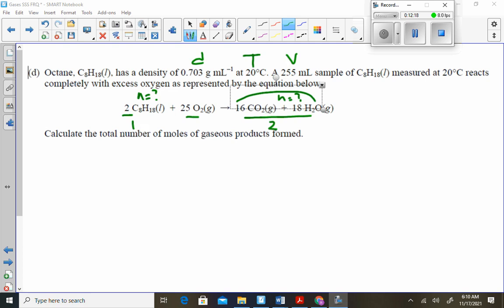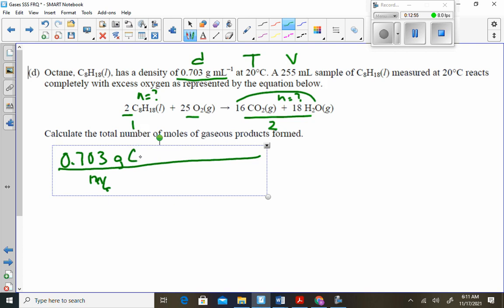So we are going to start with our density right here. Looking at this density, this tells us how many grams we have of our reactant per milliliter. And we know how many milliliters we have. Now the temperature, it's nice that they give it to us, but we don't need to use that in this situation.